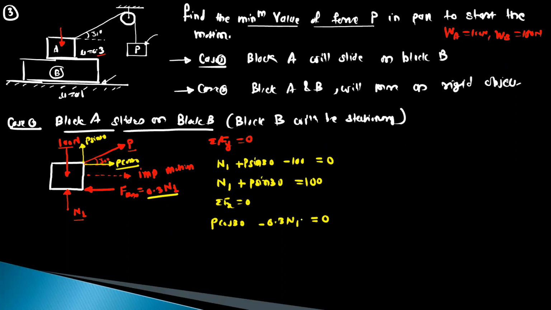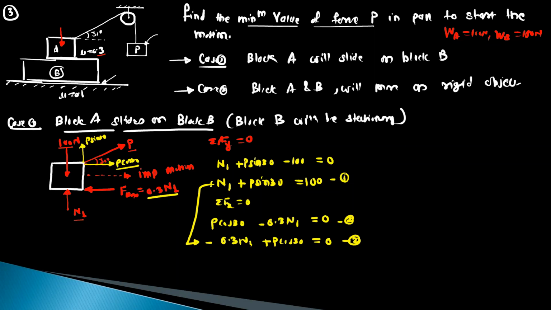So solve equation 1 and 2 simultaneously. Just rearrange this equation. So this is minus 0.3 N1 plus P cos 30 equal to 0. So this is your second equation.